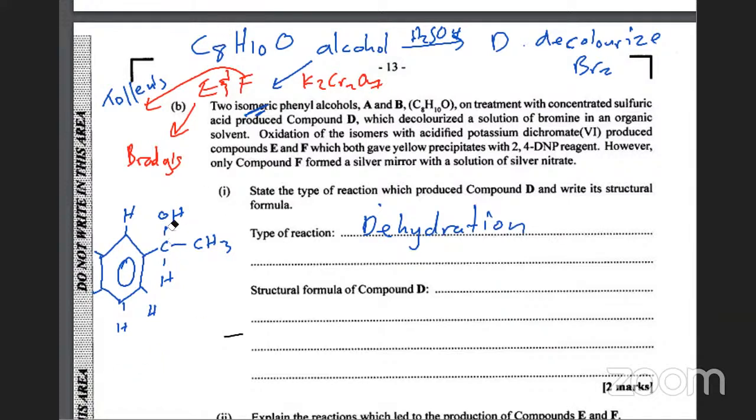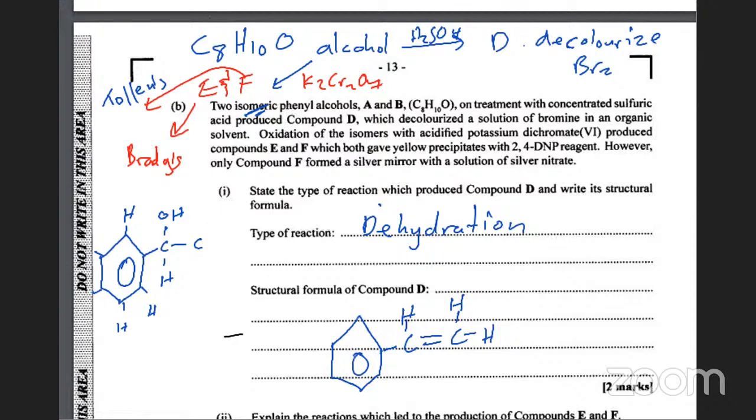All right, so if you dehydrate this alcohol, you just put a double bond there. Do not write CH3 back, it is an alkene, so it is CH. So this is how you would get compound D. You are dehydrating this compound.